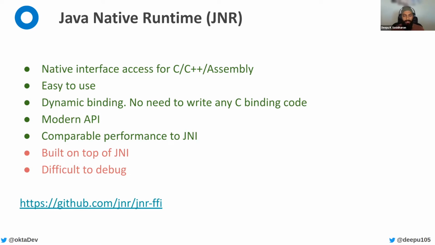So these are still better options than writing JNI yourself. Sometimes they may not perform as well as JNI, but they are more modern. So these are alternatives. If you currently have JNI use cases, then JNA or JNR are the alternatives I would suggest, until we get to the Panama APIs.